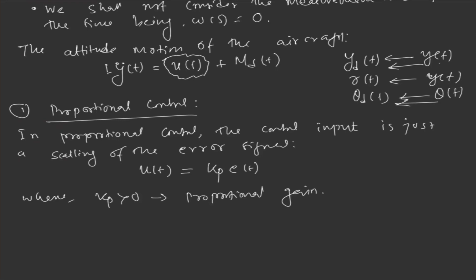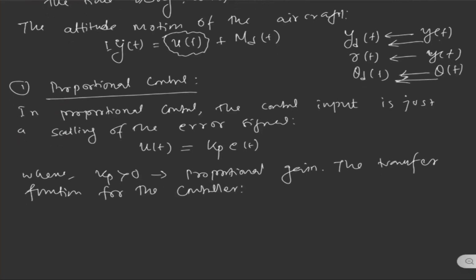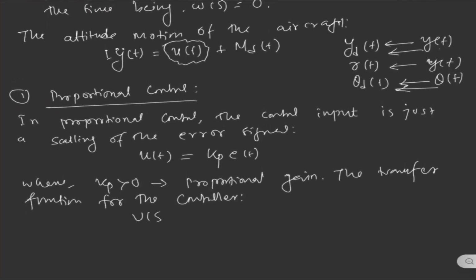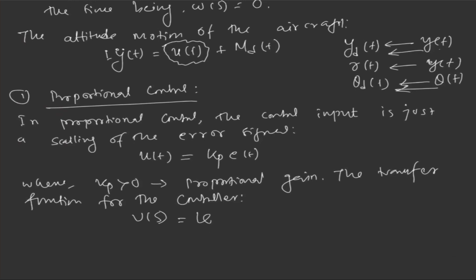And the associated transfer function for the controller, we can write U of S is the output of the control block and Kp E of S. So output by input equals the transfer function, the Laplace transform of output divided by the Laplace transform of input, basically the transfer function.